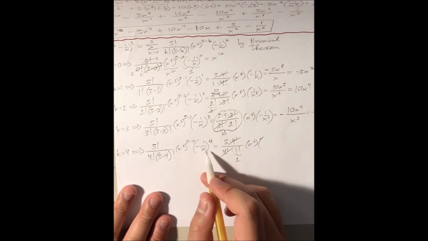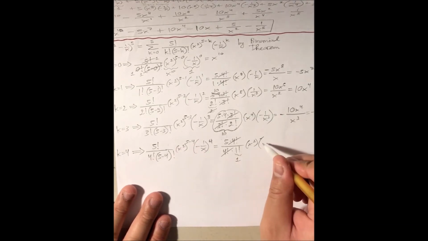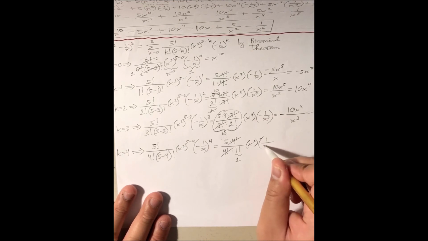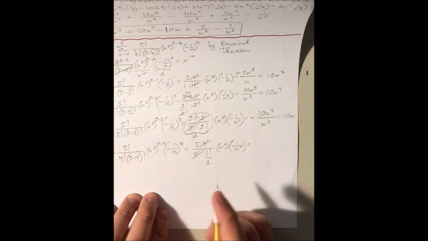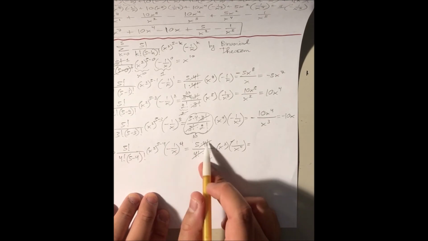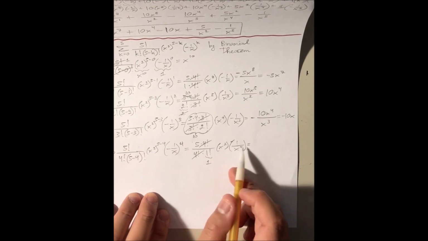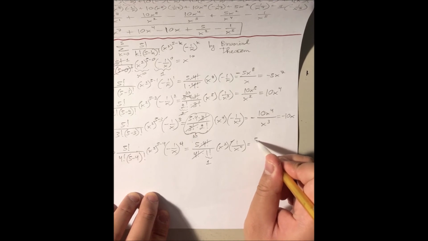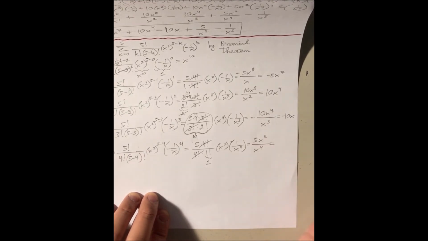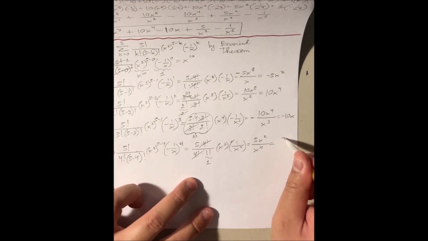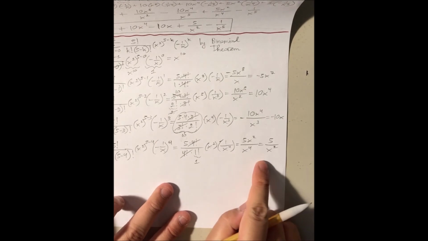Negative 1 over x raised to 4 is going to be positive 1 over x to the 4th. So this equals 5 times x squared times 1 over x to the 4th, which is going to be 5 x squared over x to the 4th. But this can be simplified down to 5 over x squared, just like that.